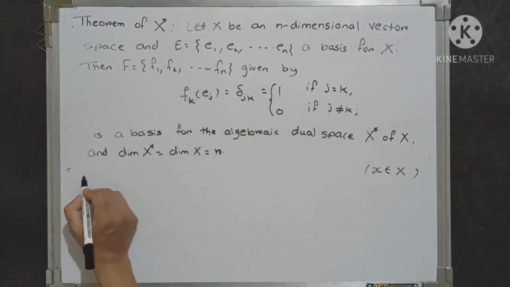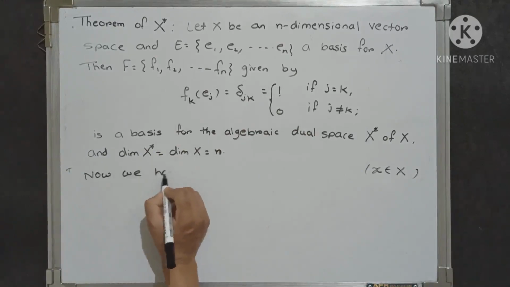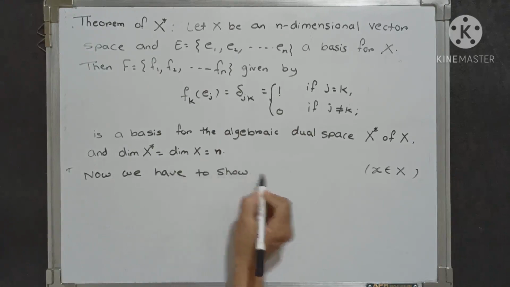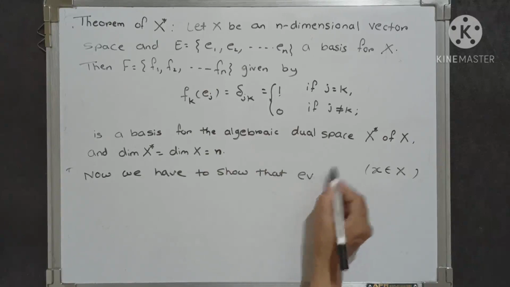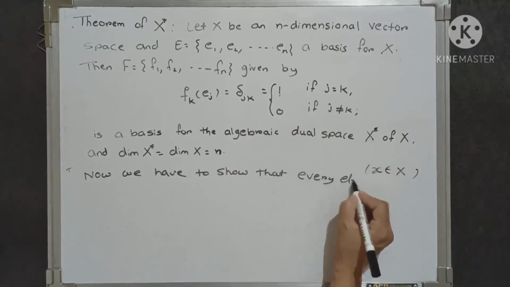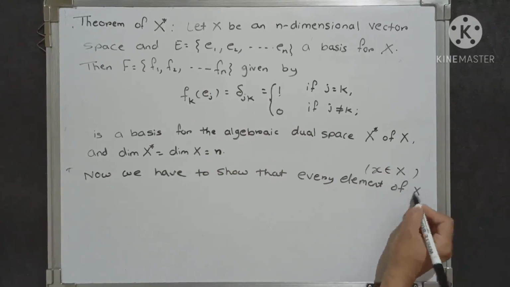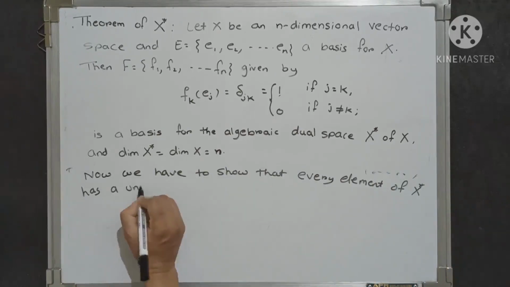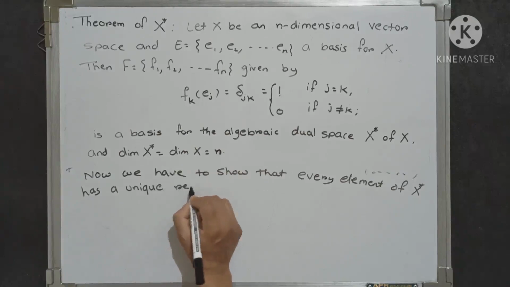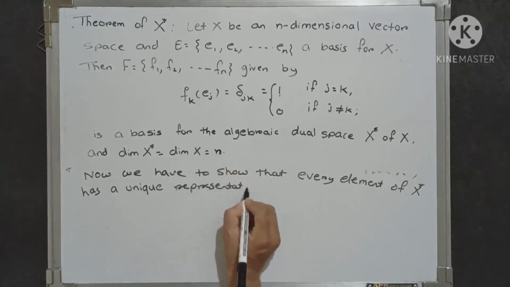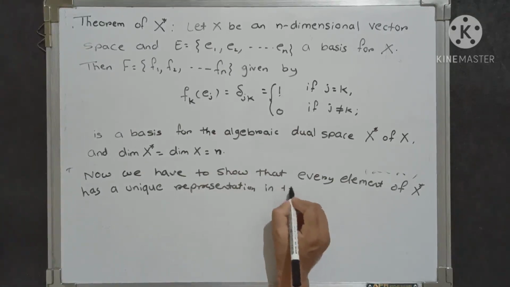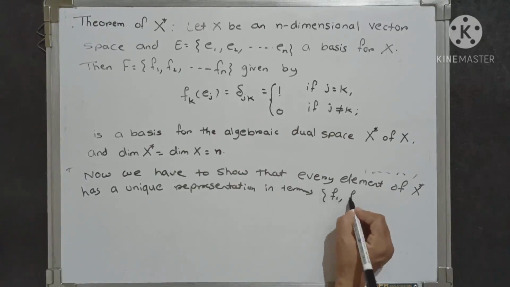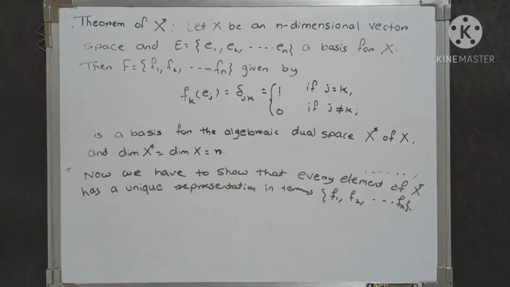That means we have to show that every element of X star has a unique representation in terms of f1, f2 up to fn. That is what we have to show.